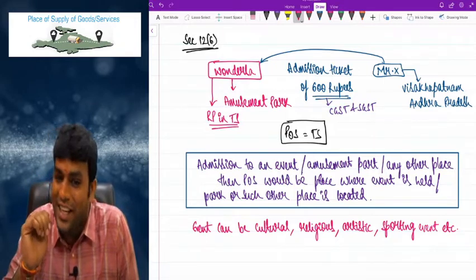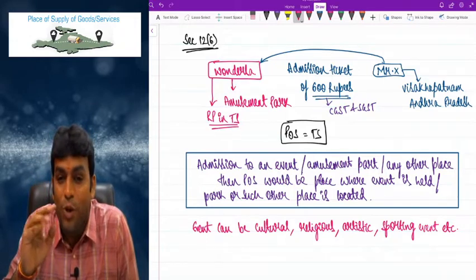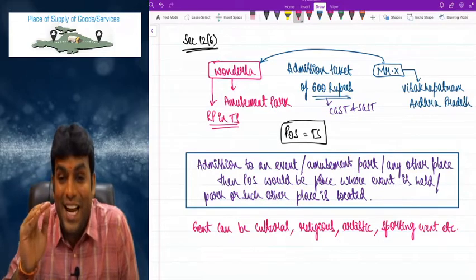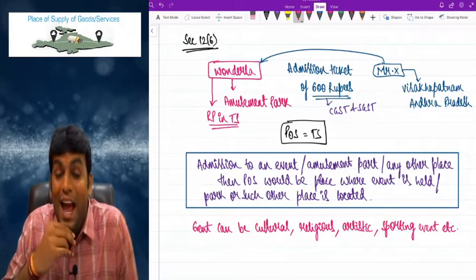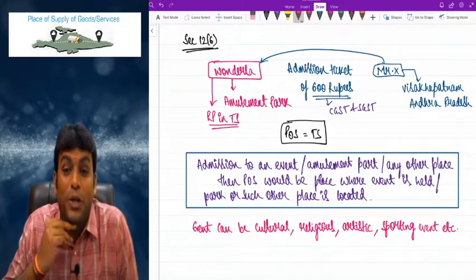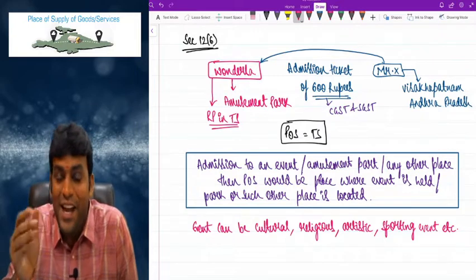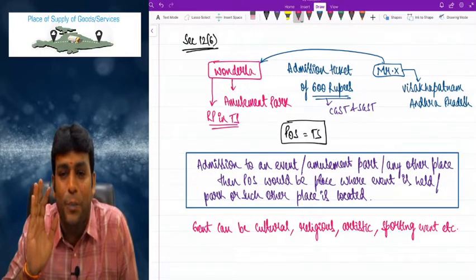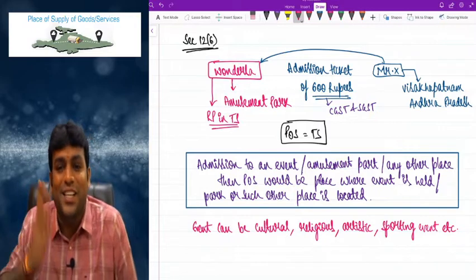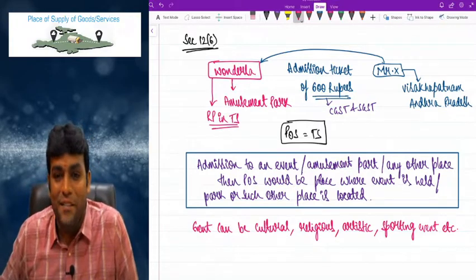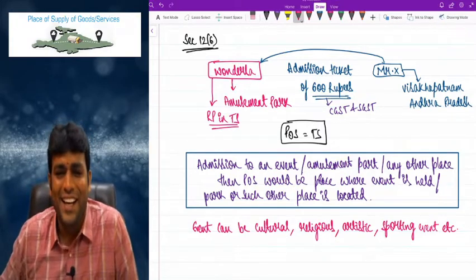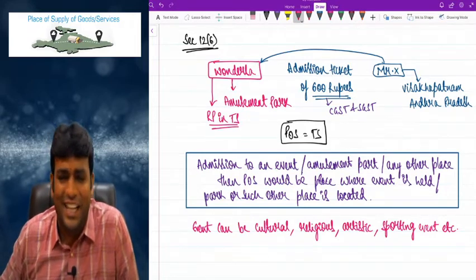On the entrance ticket, if the entrance ticket is more than 500 rupees, it is taxable in GST law. And by any chance, if the entry ticket you paid is less than 500 rupees, then it is exempt under GST law. And when it is exempt, where is the question of place of supply? When it is purely exempt, what is the story of CGST, SGST, IGST? Nothing will be there.